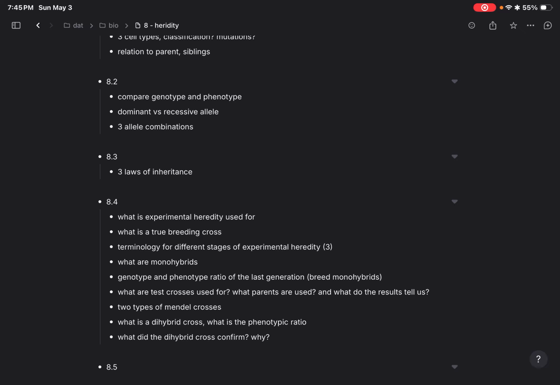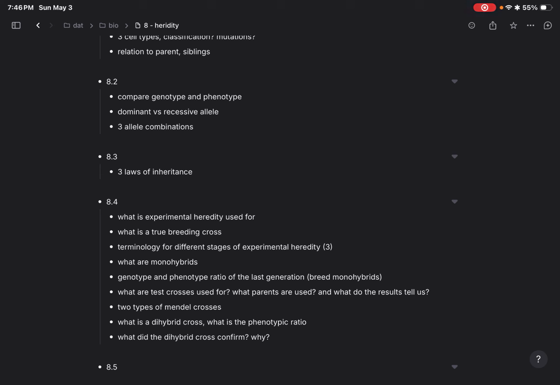Hemizygous is when one of the alleles is present and the other one is just not there. So it's kind of like the XY chromosomes, because the Y chromosome is shorter. It's not going to have some of the alleles for that gene, for that copy. It's not going to have the exact same copies of DNA as the X chromosome.